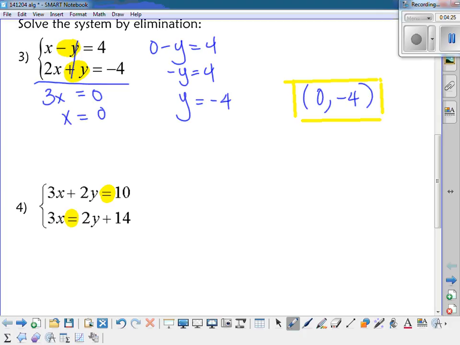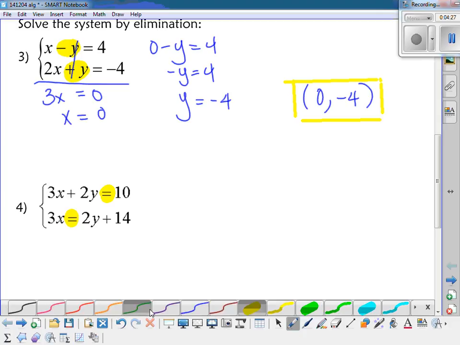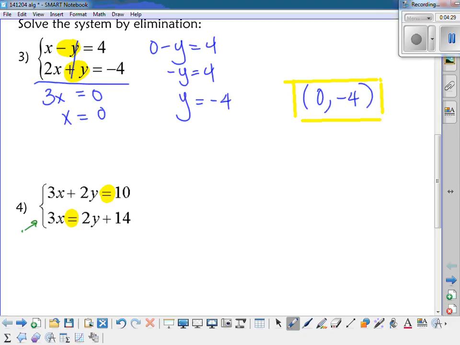So how can I get in this bottom equation, how can I get that 2y over on the same side as the 3x? Subtract. How about if I subtract the 2y? Okay, so if I do that, then I get 3x minus 2y is equal to 14.